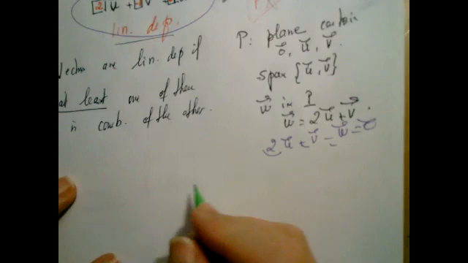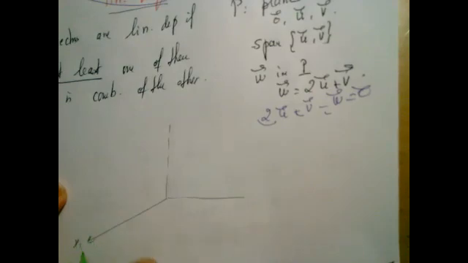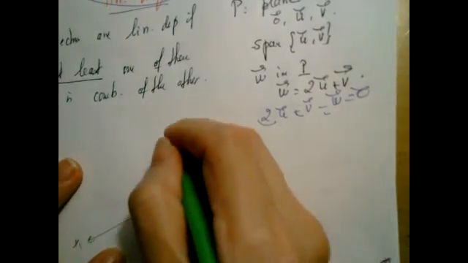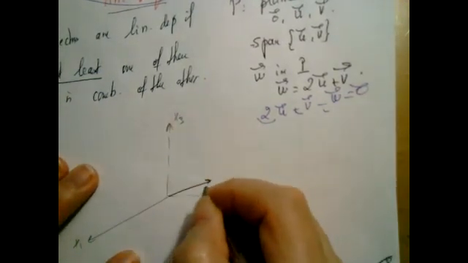So to have linear independence, I really want, so this is my background. This is my X1, X2, and X3, because I have 3 vectors in R3. These are my U and V, not scalar multiples.